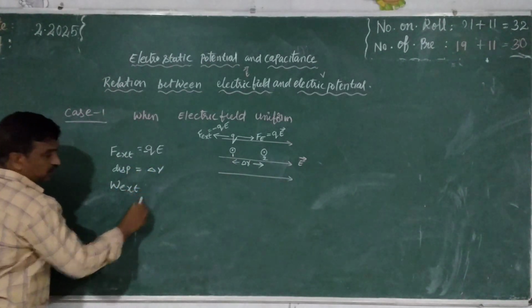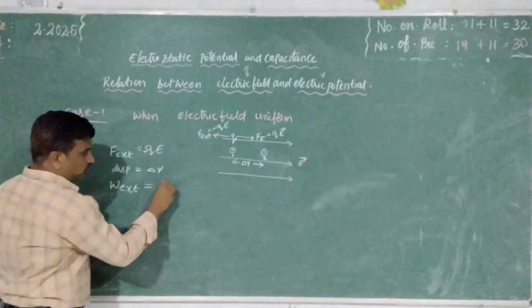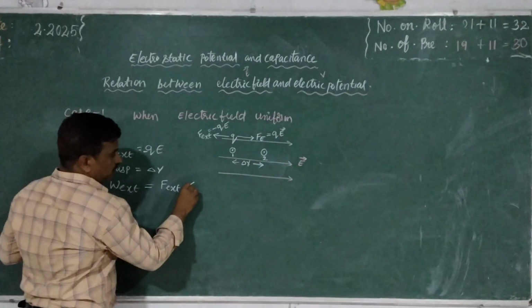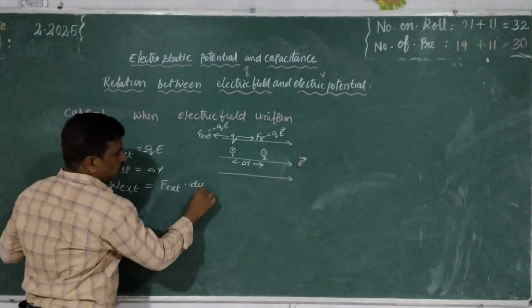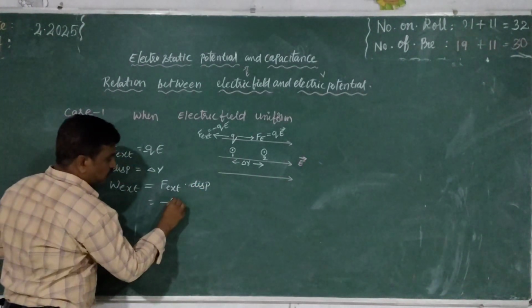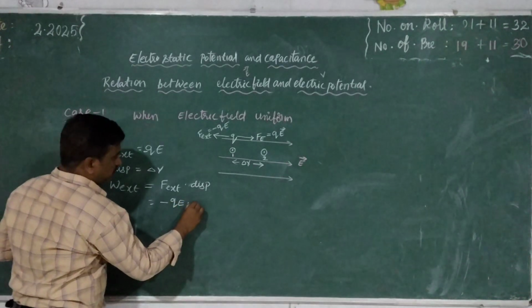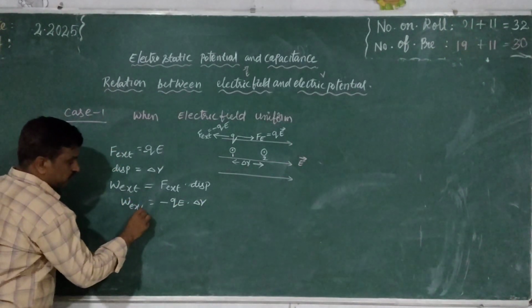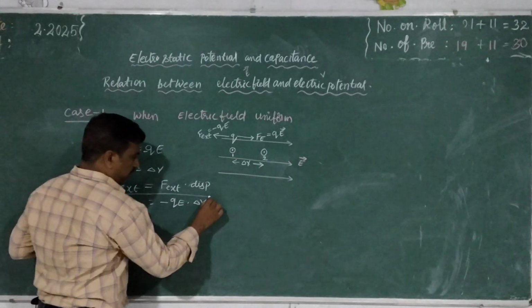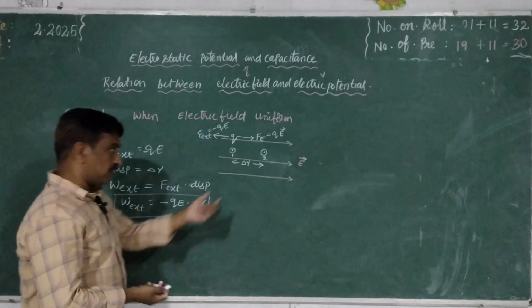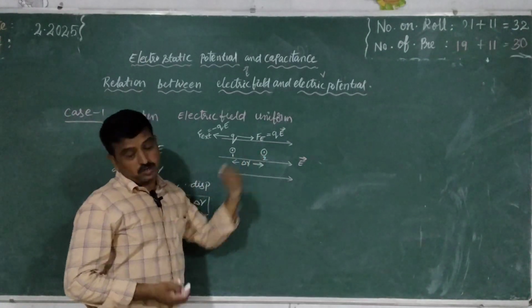Work done by external force is external force into displacement. See here, the external force is minus QE, and the displacement is delta R. It is the work done by the external force, due to which the charged particle is moving from the first point to the second point.